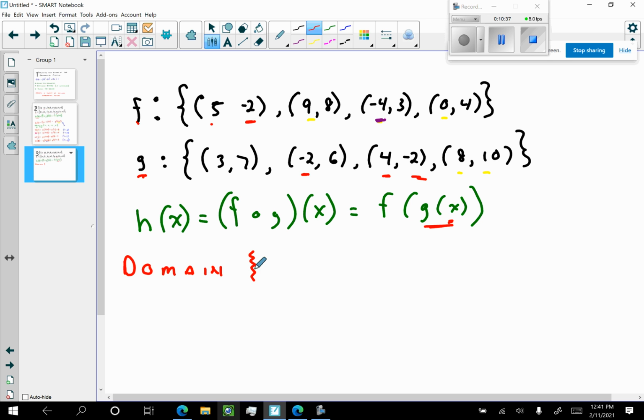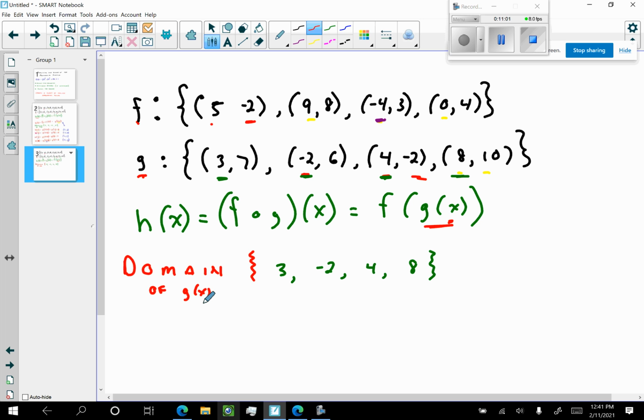And the domain of g is going to be 3, -2, 4, and 8. So those are the only things that can go in of g. This is the domain of g of x.